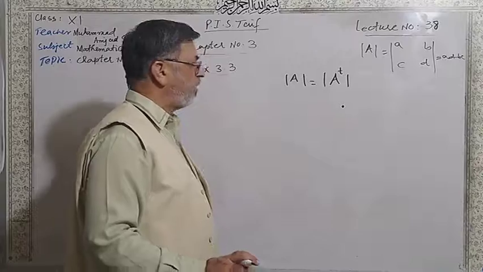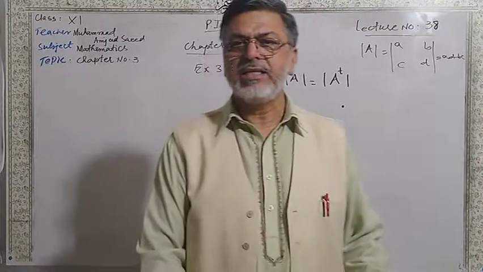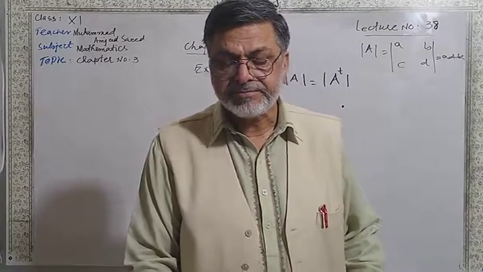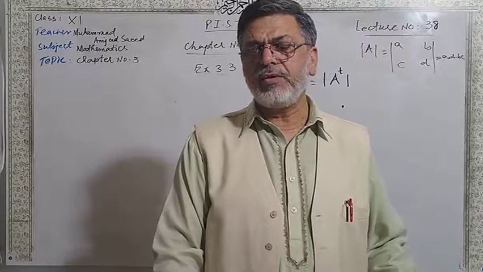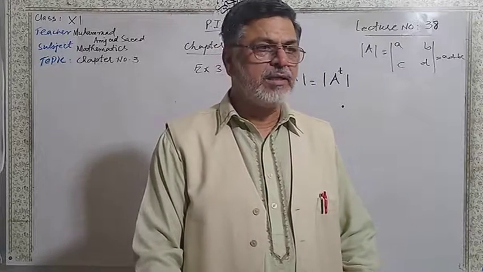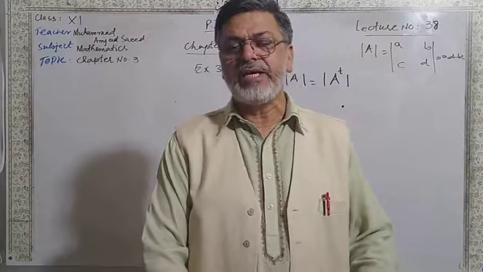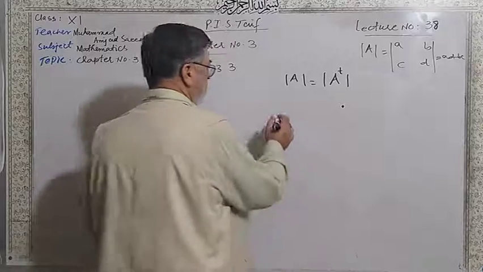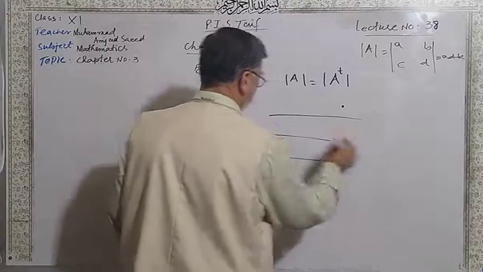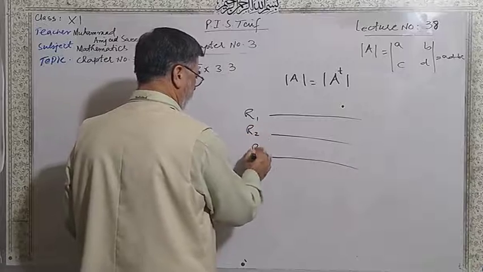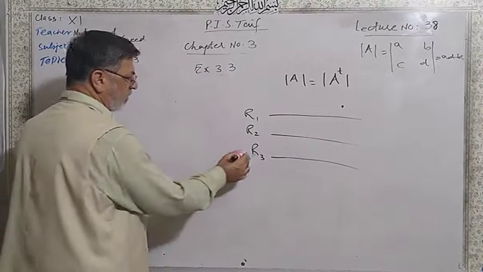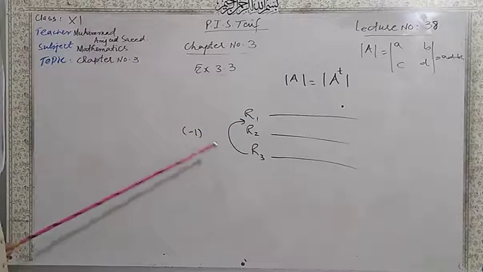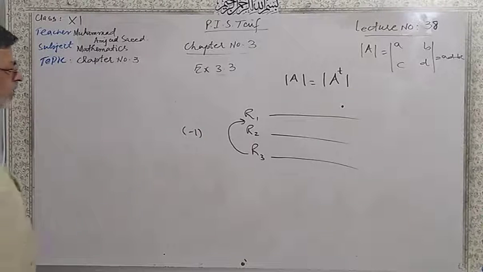I have told you, in the determinant, if two rows or columns are identical, then the value of the determinant will be equal to 0. If in a matrix there are R1, R2, R3, and if R3 jumps over R2, a -1 will be introduced outside the matrix.